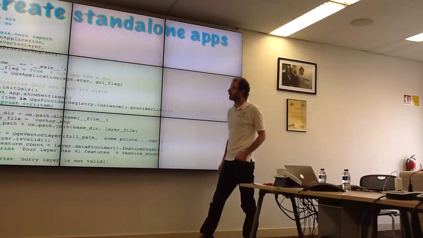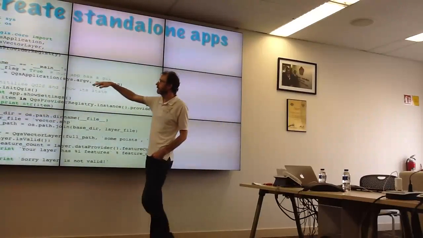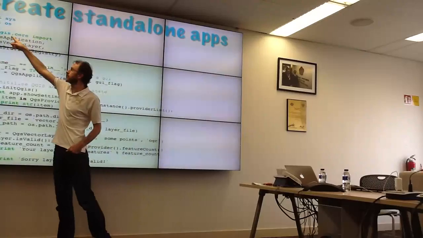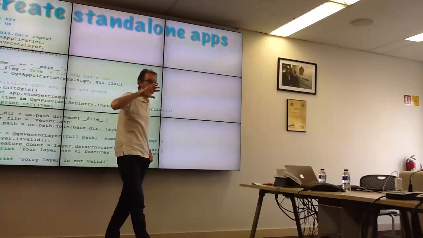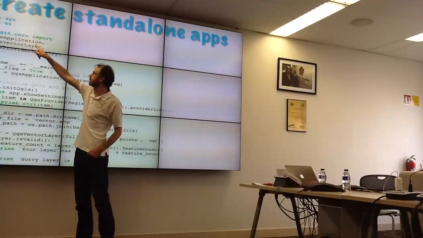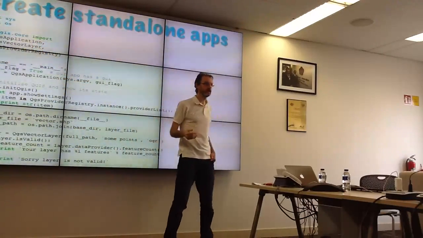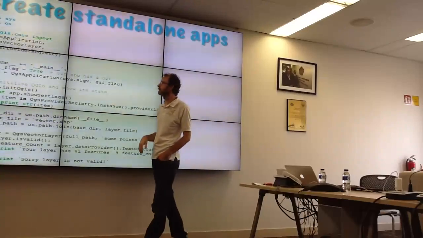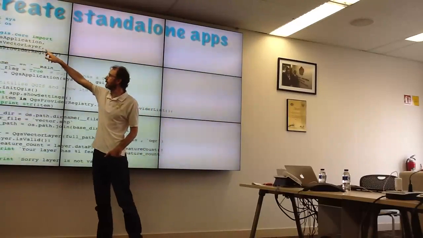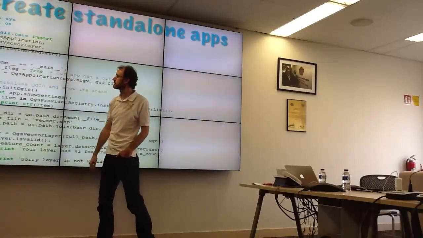So I can create just a normal Python file, and I import from the QGIS libraries. Remember I said we have the core library, which is the non-GUI parts of QGIS. So I'm importing from the core our QGIS application class, which inherits from Q application, so it's a subclass of that. And then I'm importing vector layer and provider registry.